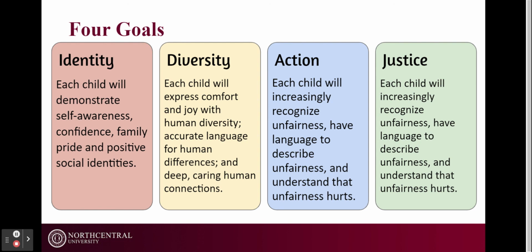Each child will increasingly recognize unfairness, have language to describe the unfairness, and understand that unfairness hurts. And finally, each child will demonstrate empowerment and the skills to act with others or alone against prejudice or discriminatory actions.